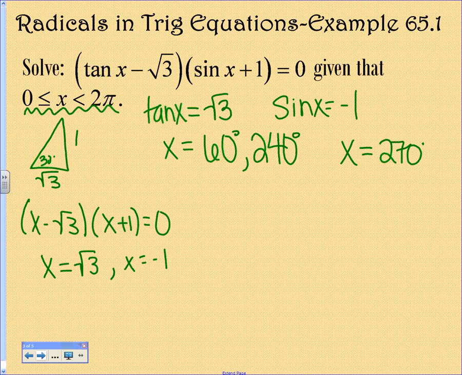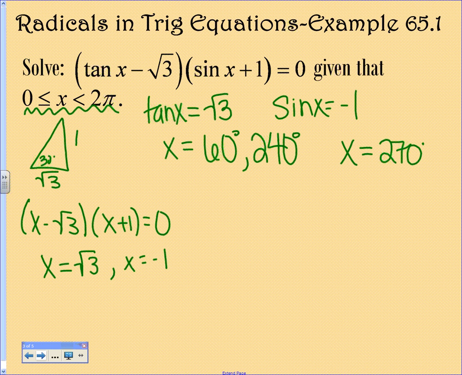Okay, before we change them into radians, we want to check and make sure that all those answers work. Can we do sine of 60? What does it equal? Okay, plus 1 is a number. What did tangent of 60 equal? Minus square root of 3, 0 times a number gives you 0. 240 also works, right?